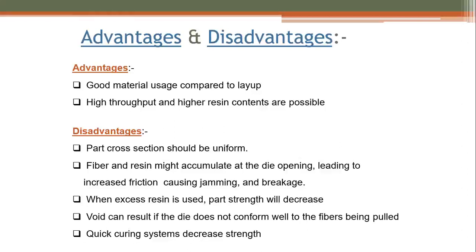Quick curing systems also decrease the strength. When we take the quick curing system, it decreases the strength of the part. That is why we are not using the quick curing system. That is also a disadvantage.